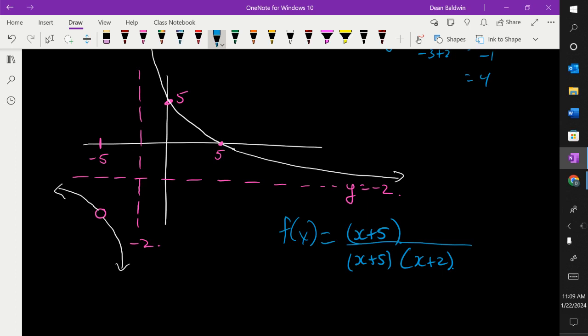What else? Are we done? Is that it? What are we missing? Why does it not make sense right now if we left it like that? What's the horizontal asymptote of this graph if we just left it as is, of the function that I wrote here? It'd be 0, right? Because the denominator has a degree of 2 and the numerator has a degree of 1. And it's not 0, it's negative 2.